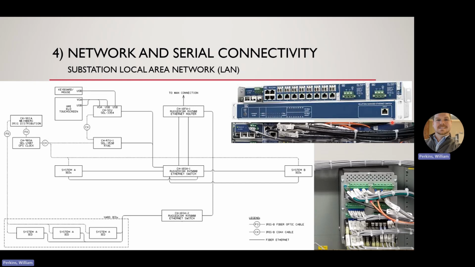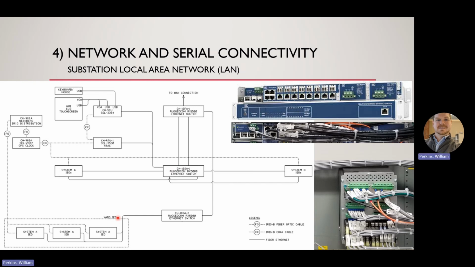So in this drawing here of the one line, we can see the Ethernet switch here in the middle, connecting to all of the IEDs in the station, as well as yard IEDs.